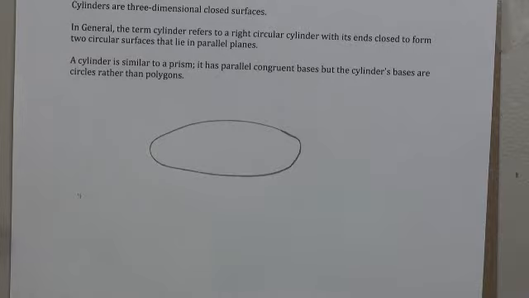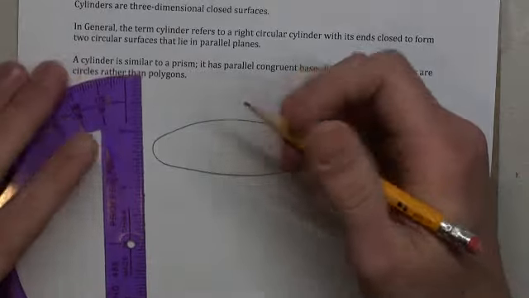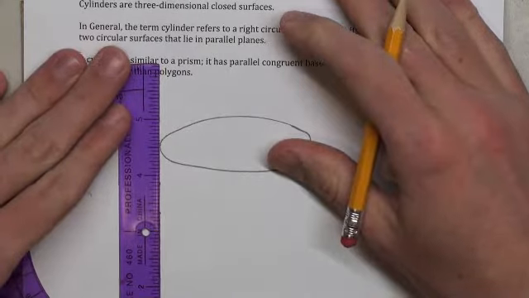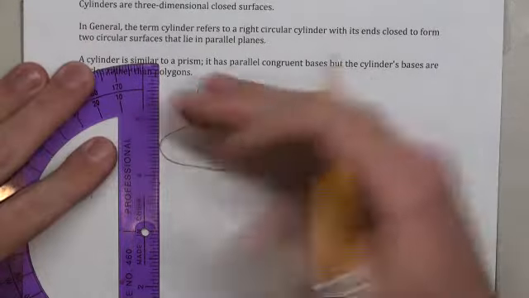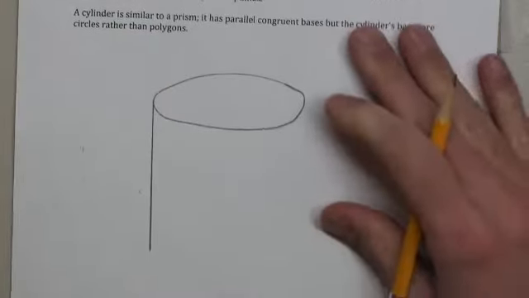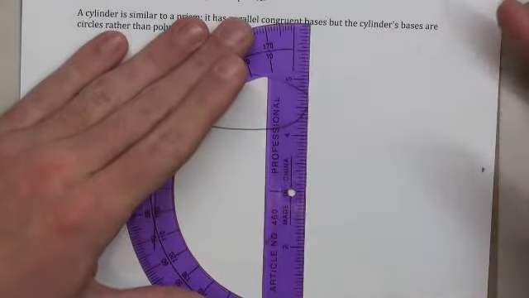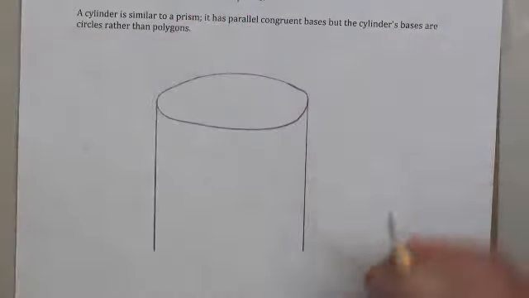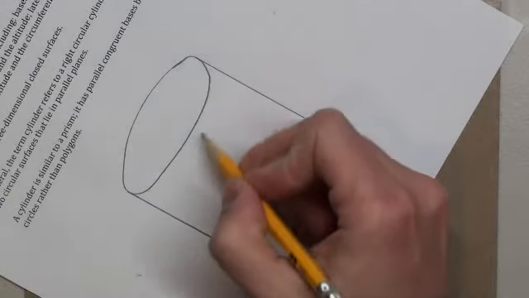Now, I'm going to pull out my ruler, a protractor. Now the sides of the cylinder are straight down, okay? And when we do the bottom of the cylinder, we do the same curve as this piece right here.